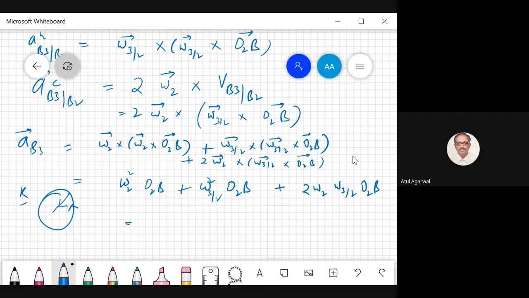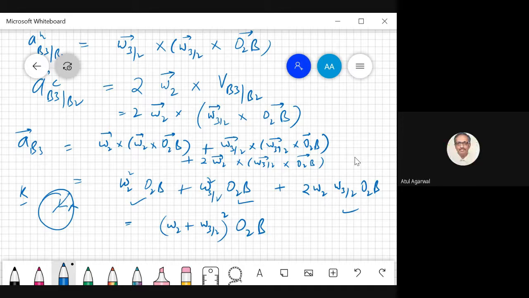Can you see that this is something like this? Expand it: omega 2 square O2B, this term; omega 3 by 2 square O2B, this term; 2 omega 2 omega 3 by 2 O2B. Can you see this? Yes, sir.